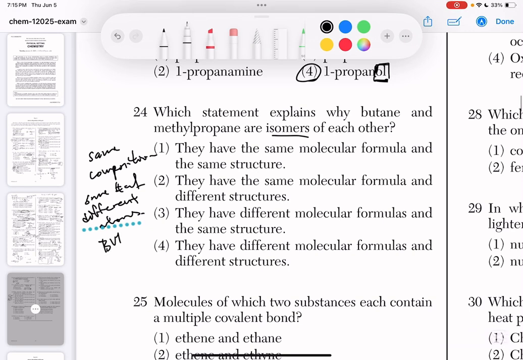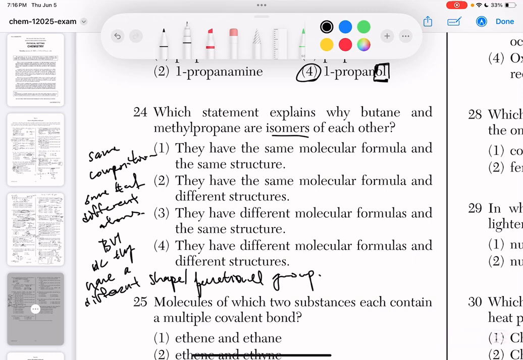But they're isomers because they have a different shape or functional group. So here they would have the same molecular formula, but not the same structure. So this one would be our right answer.